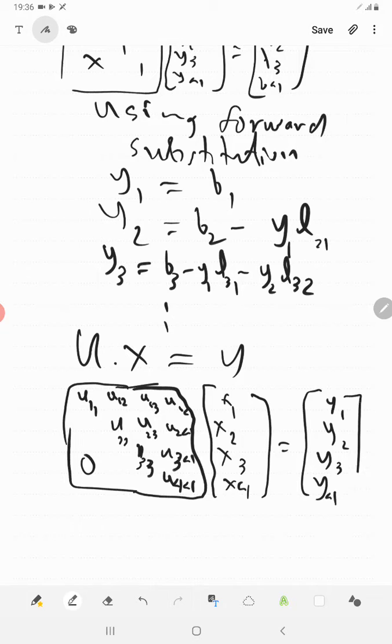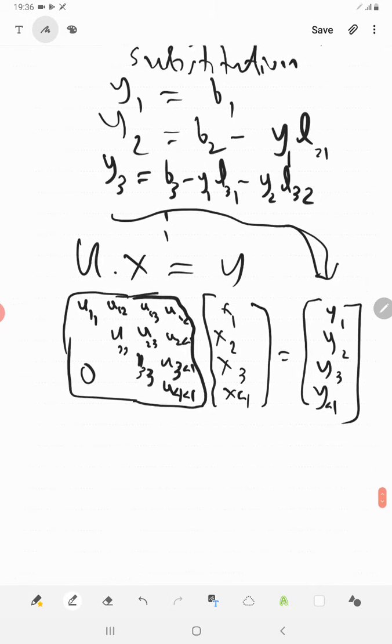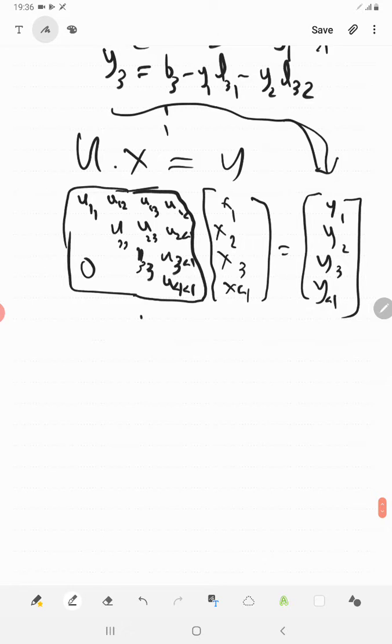Now we know y1, y2, y3, y4. This we calculated from the forward substitution. Now we can utilize backward substitution, or back substitution. How to do that is very easy.